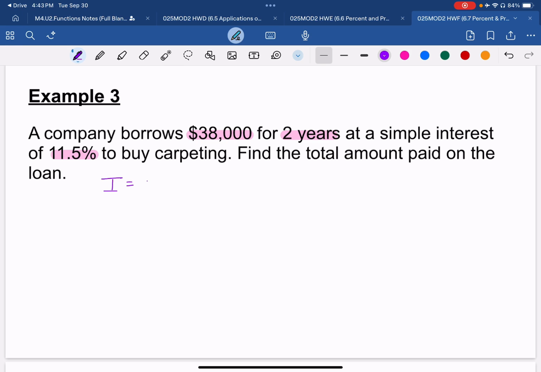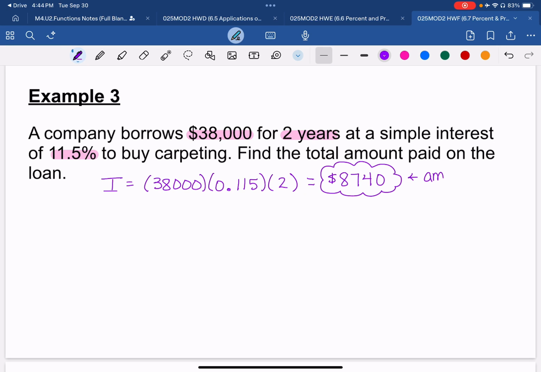That's my principal times my rate times the time. If I put that in my calculator, I get 8,740, and that number represents the amount of interest.